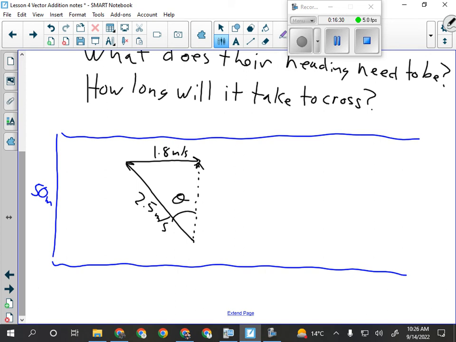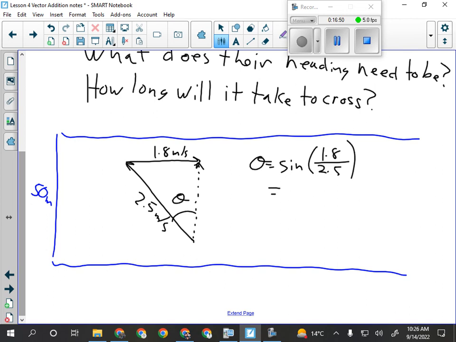So I have the hypotenuse of the triangle, and I have the opposite side to the angle. So what trig function am I going to use to get this? Sine. So theta equals the inverse sine of the opposite side, 1.8, over the hypotenuse, 2.5.